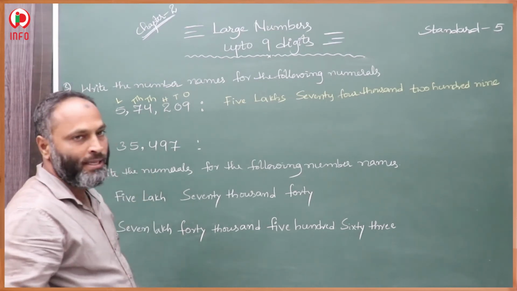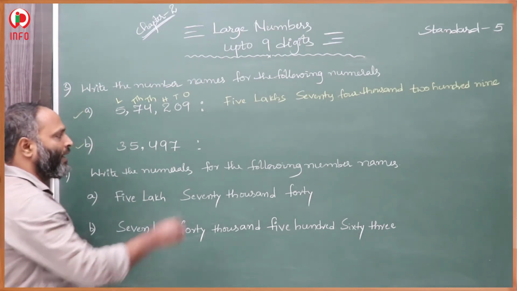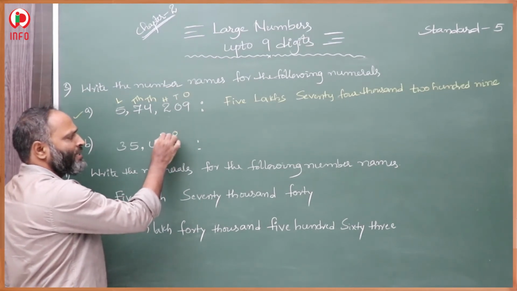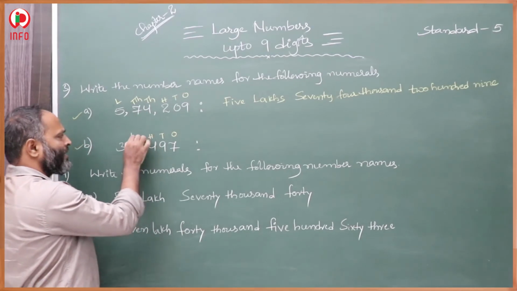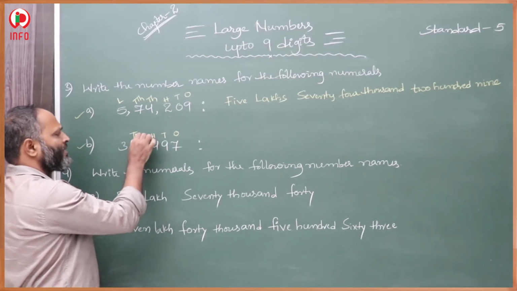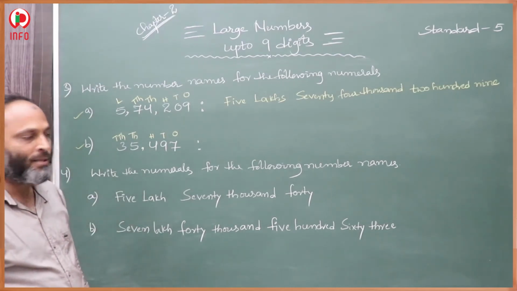Now the second question. First we write the place values: this is ones place, this is tens place, this is hundreds place, this is thousands place, this is 10,000 place.